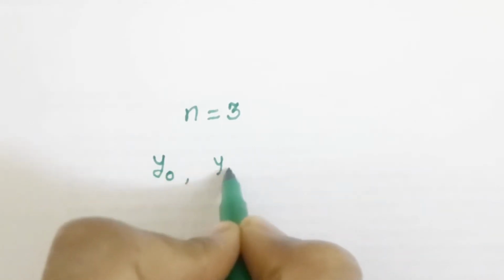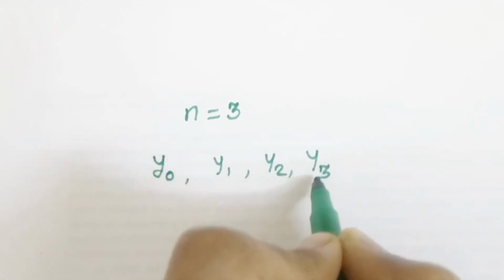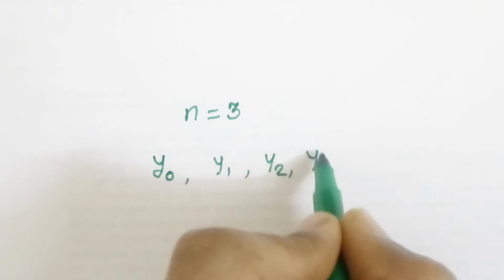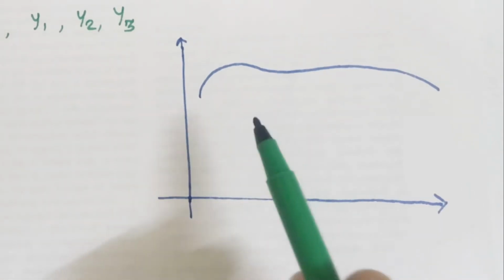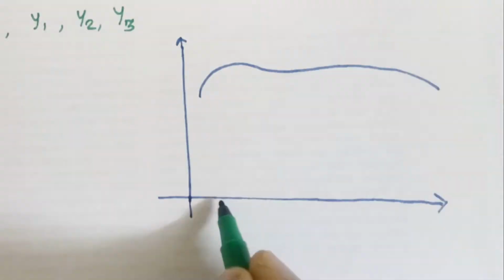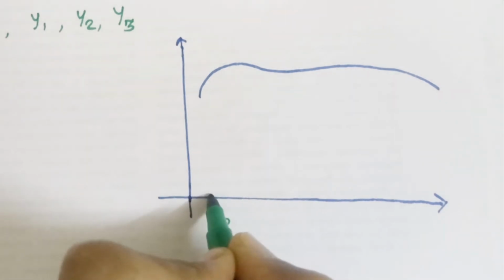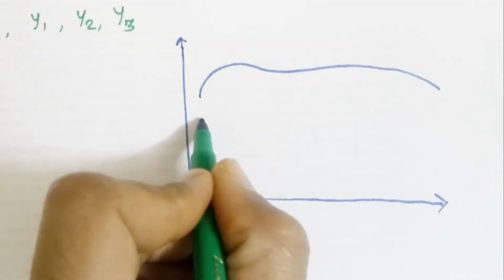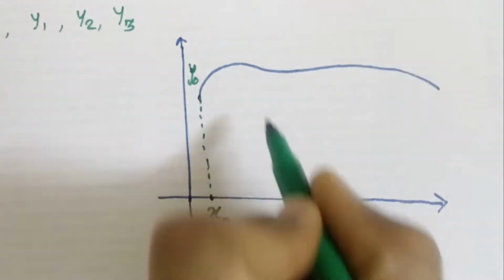that is y0, y1, y2 and y3. Corresponding to this function we are finding the area. Suppose this is our given curve, and at the point x0 we get the point y0 on the given curve.